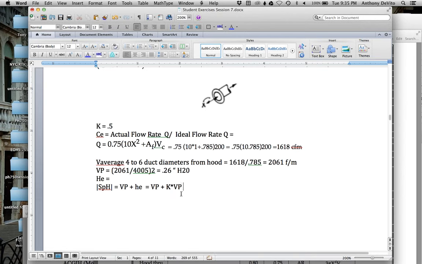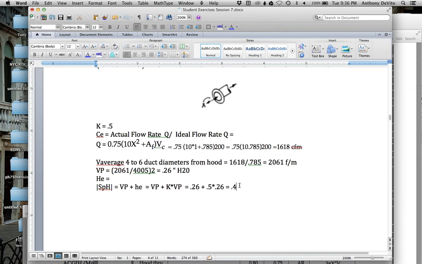Okay. So it's going to be equal to 0.26 plus... excuse me, I got that wrong. K is 0.5 times 0.26, right? What's that equal to?